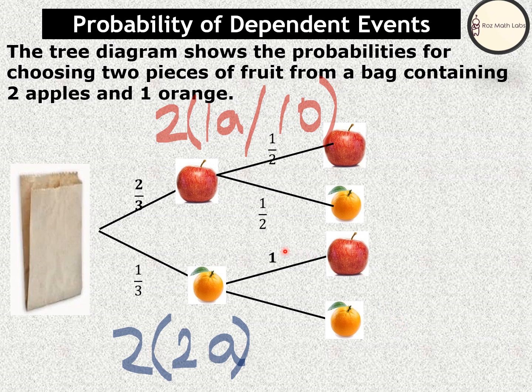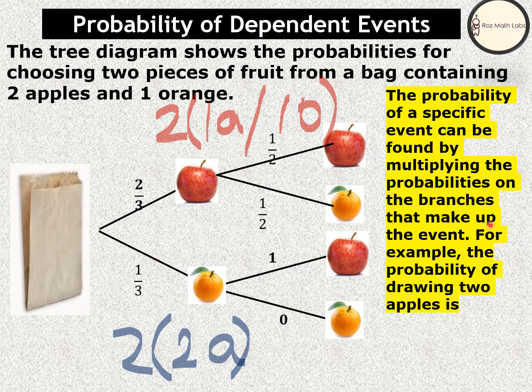So 2 out of 2, that is 1 whole. For choosing an orange, we do not have any orange. So 0 out of 2. Hence the probability of choosing an orange will be 0. So the occurrence of the first event affects the probability of the second event. Hence this is an example of a dependent event.